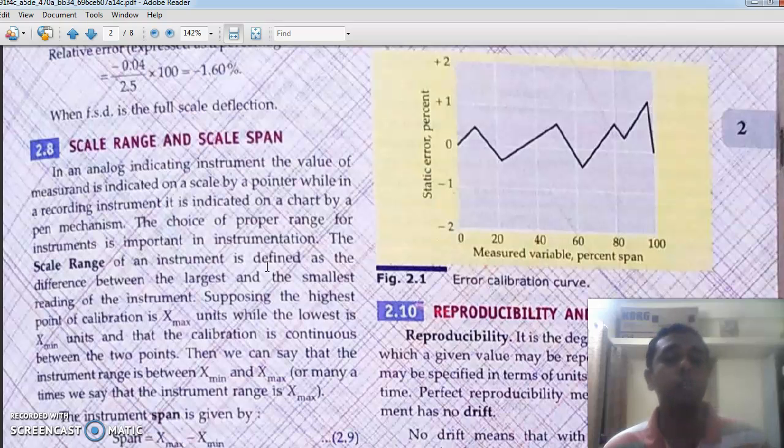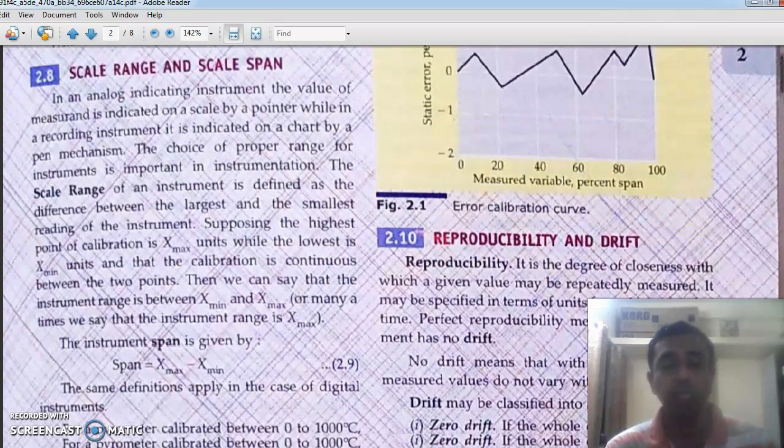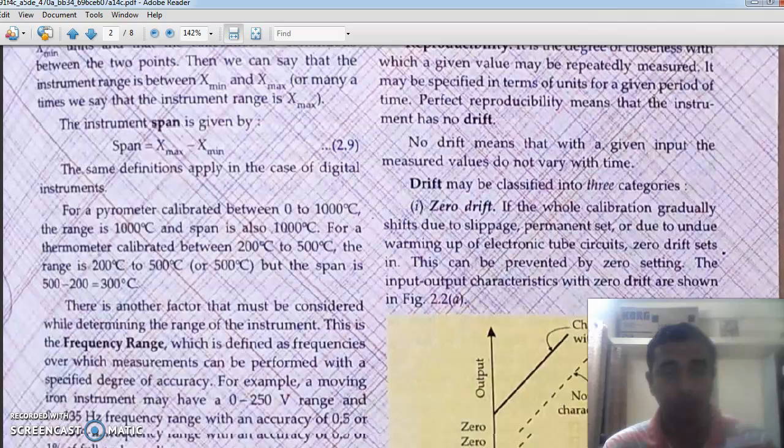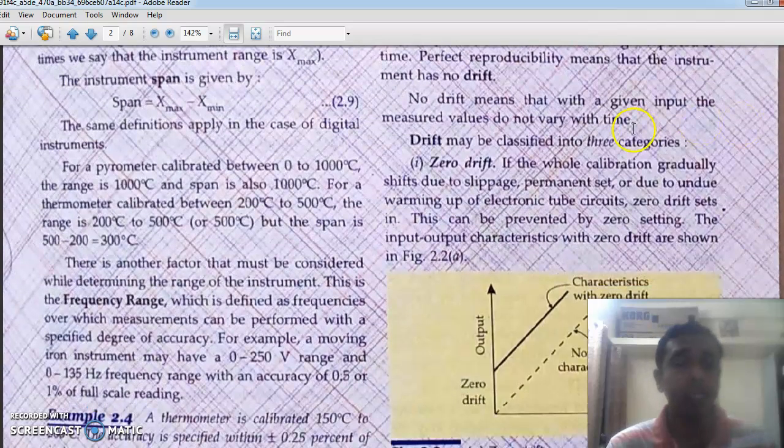Beyond that, it's not possible. So the span is nothing but the maximum value minus the minimum value. If you take a 0 to 100 amps ammeter, the span will be 100 minus 0, that is 100 amps. Or suppose you take a thermometer, where the minimum scale is 200 degrees Celsius and the maximum value is 500, then the span is 500 minus 200, that is 300 degrees Celsius.